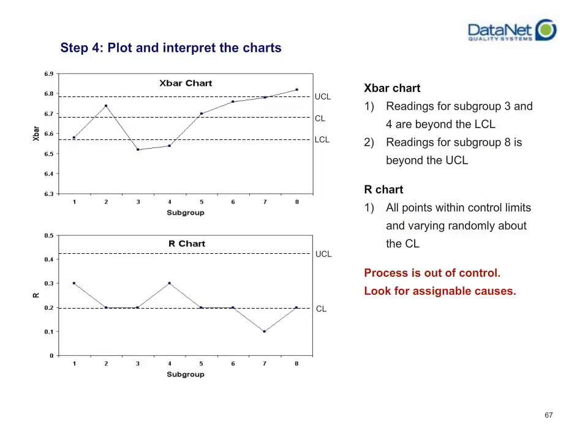For the X-bar chart in this case, your first and second subgroups were falling within your control limits. However, your third and fourth subgroups are out of control. They look like they were actually falling below your lower control limit.